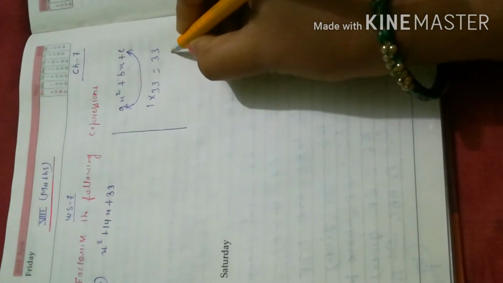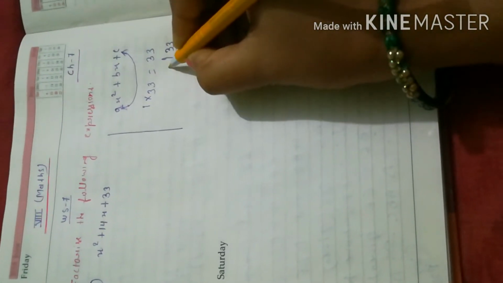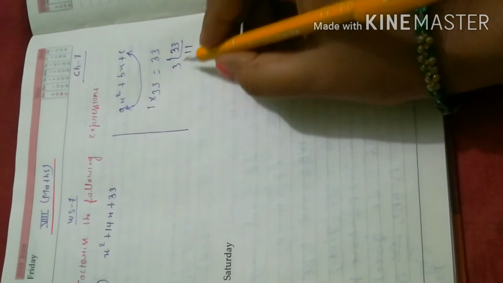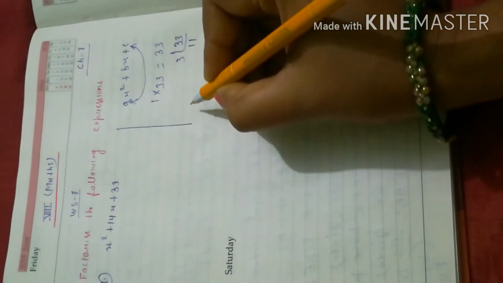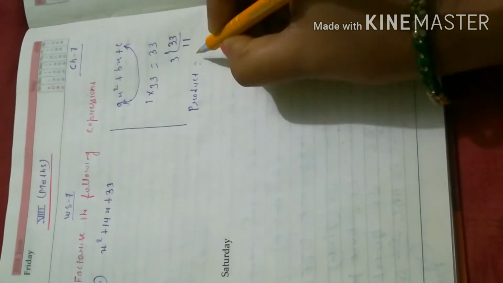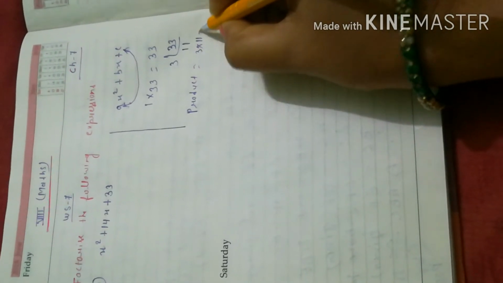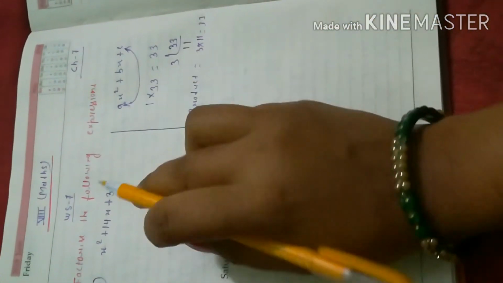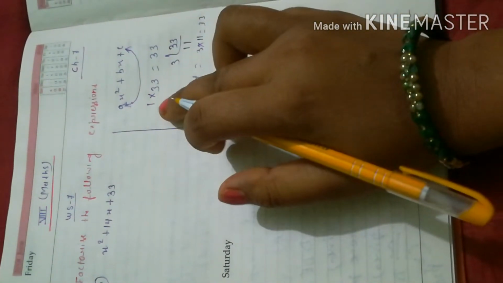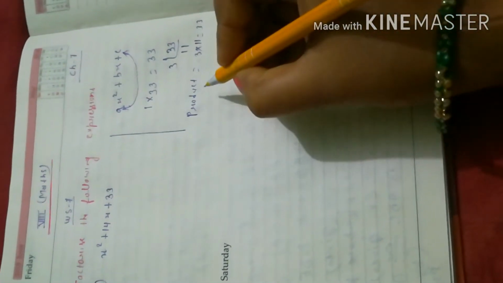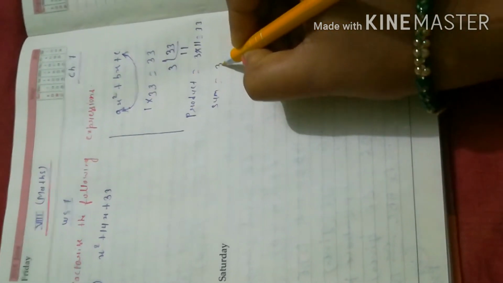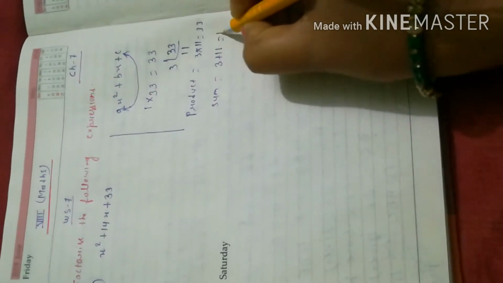We will try to factorize it. 33 we can write as 3 times 11. If you multiply, the product 3 into 11 equals 33, the product of a and c. If you add, the sum 3 plus 11 equals 14.